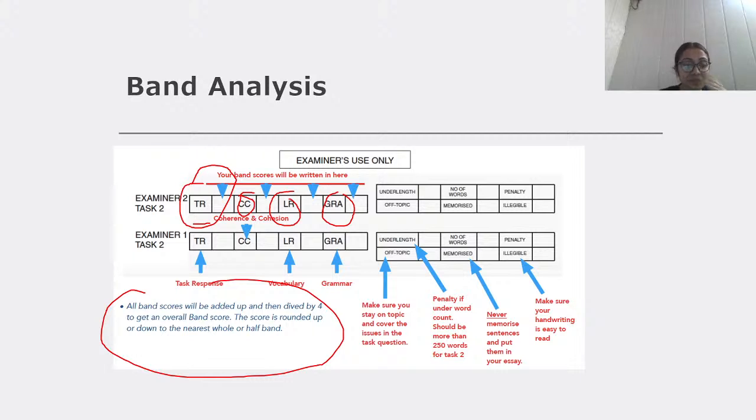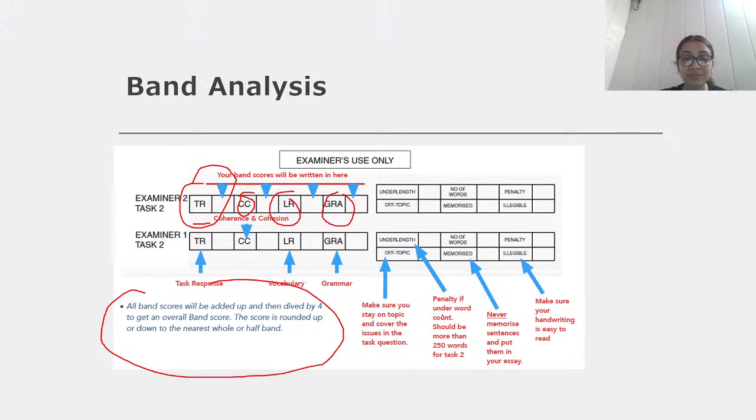Okay. All right. So illegible. If your handwriting is not clear, if you think the way you write looks more like scribbling and it's not very legible, then you'll definitely lose bands. And the moment you lose bands, what is going to happen?